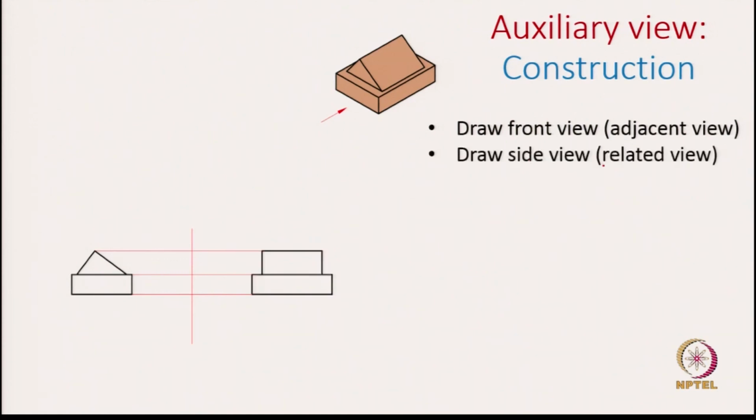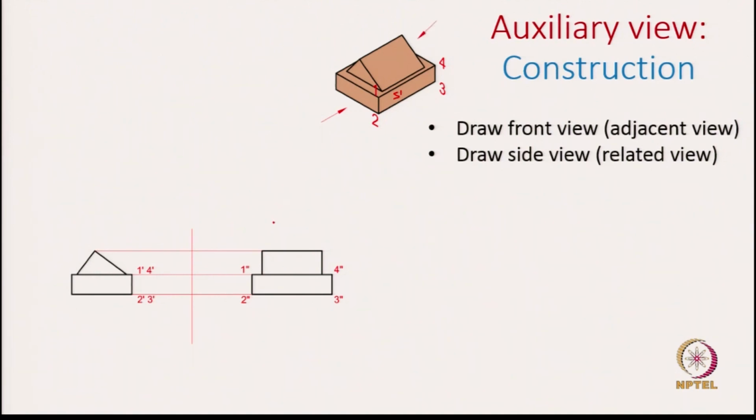Once we draw the side view, we also get the related view which will help us with the dimensions for the auxiliary view. The next thing is we draw a reference line. How do we draw a reference line? We draw it parallel to the surface of interest. First, label those points 1, 2, 3, 4 of this surface, let us say S1.